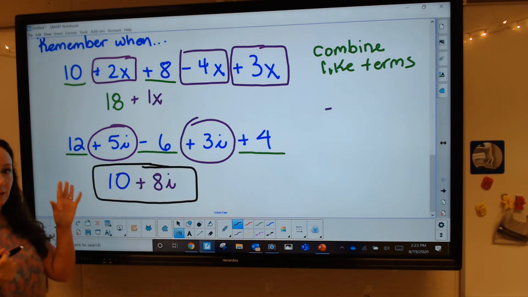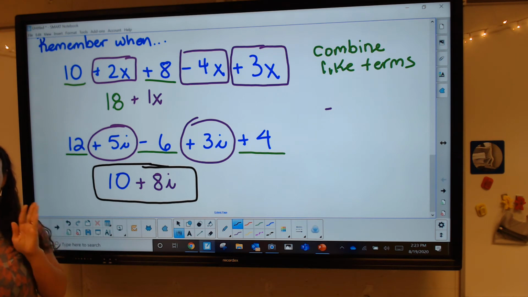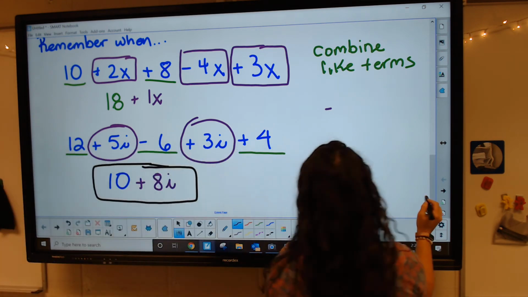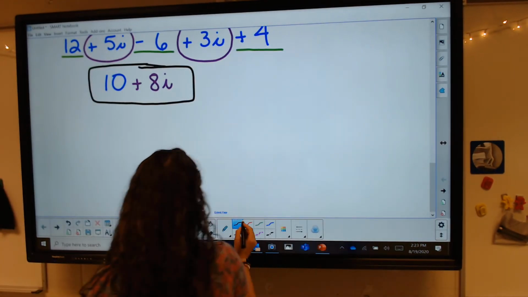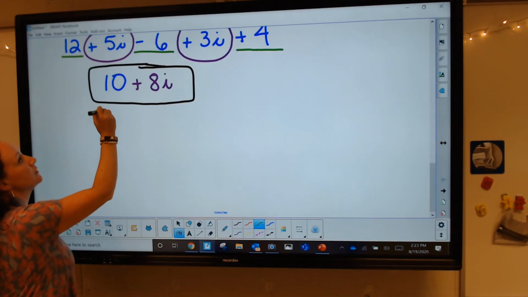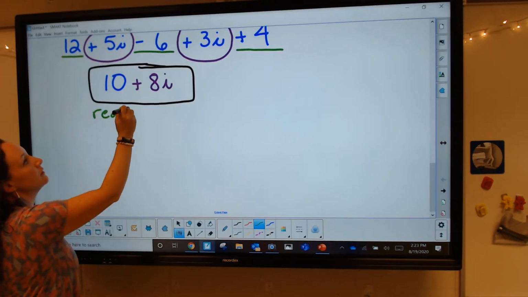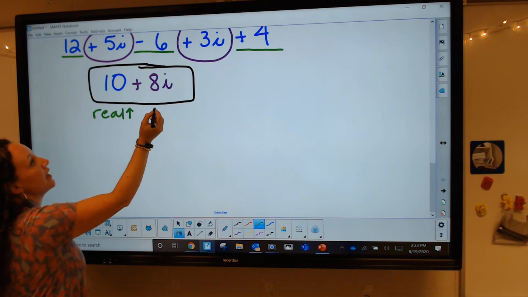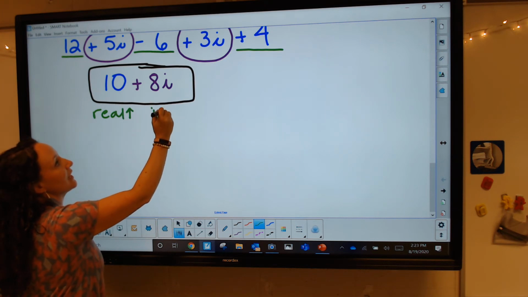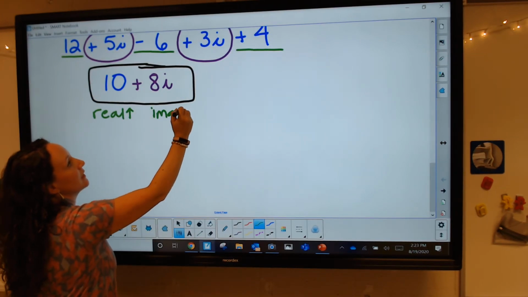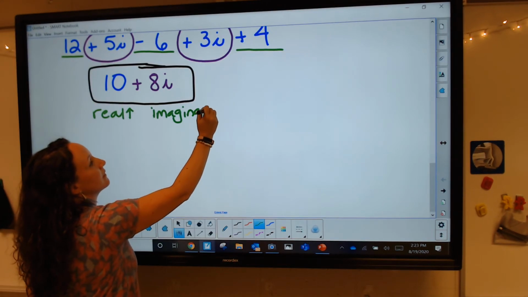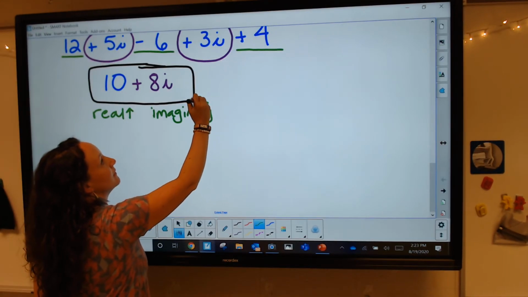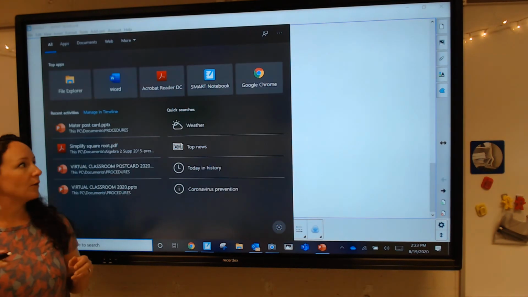And it is written in what they're going to refer to as standard form. So please make sure you keep the real part first and then the imaginary part second. That's standard form for a complex number.